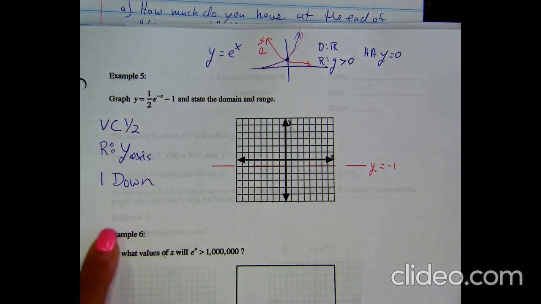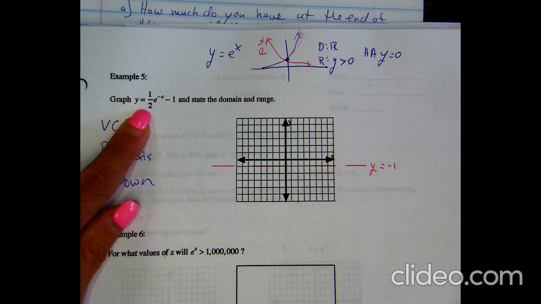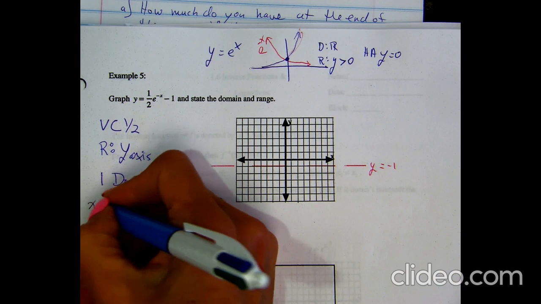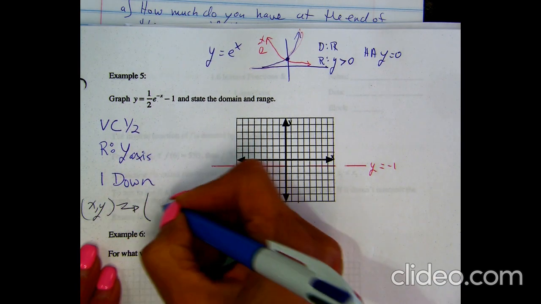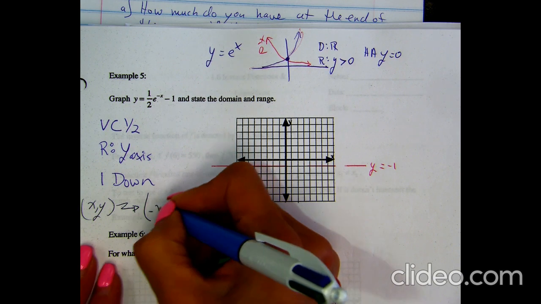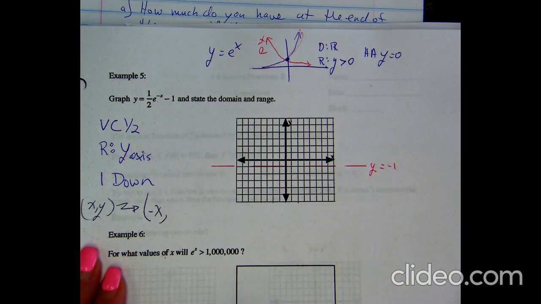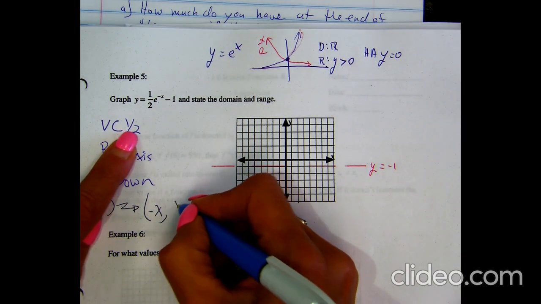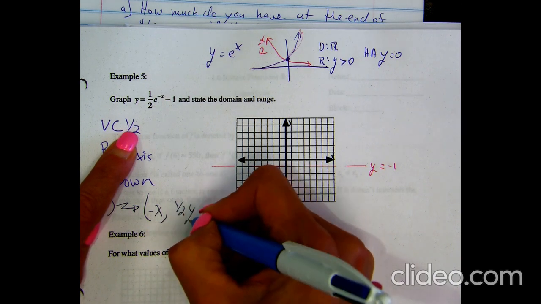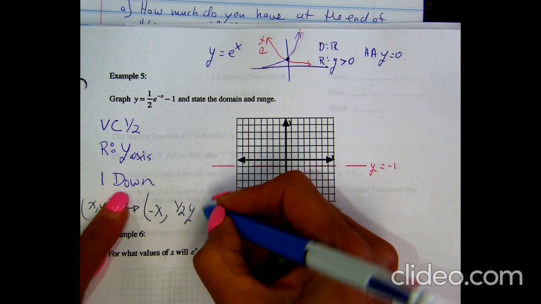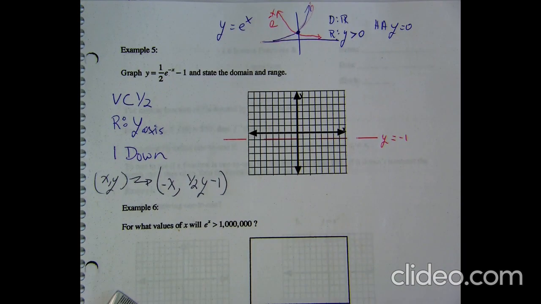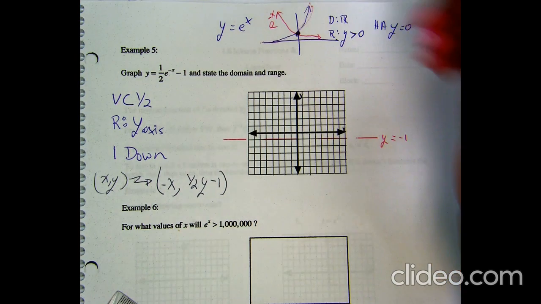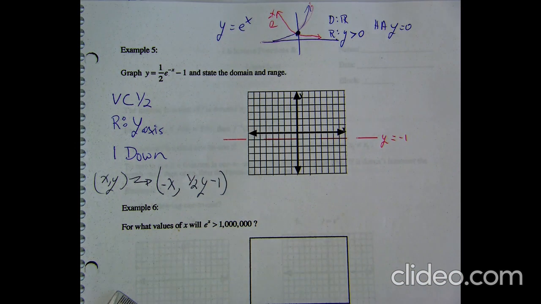Can you remember how to write a mapping for this kind of a transformation? Any point (x, y) on the original graph mapped over to negative x because we reflect it across the y-axis. What happens to the y's? They're all 1/2 as big, and we move them 1 down. So we've got a key point on this graph right here. Put it through the mapping.